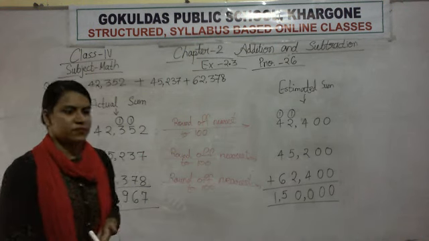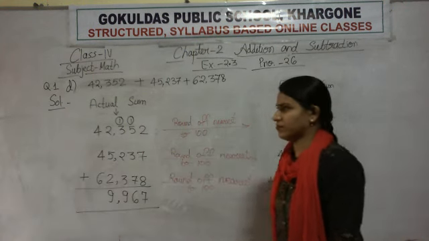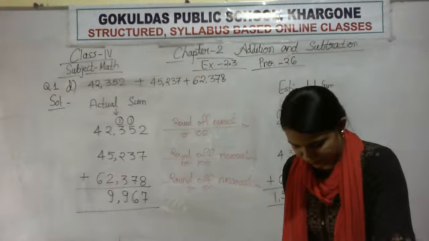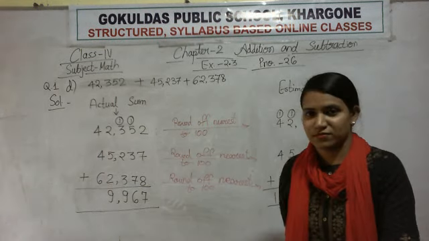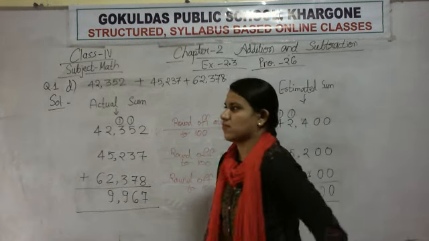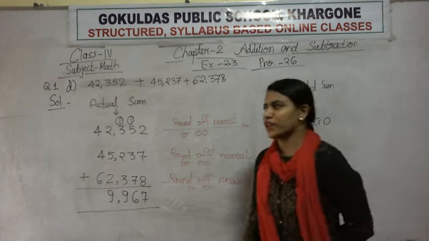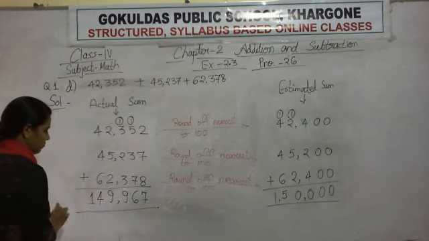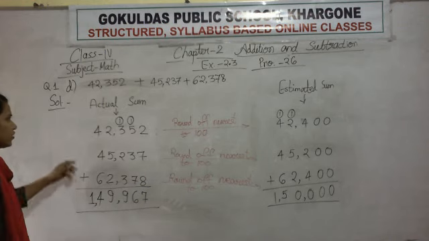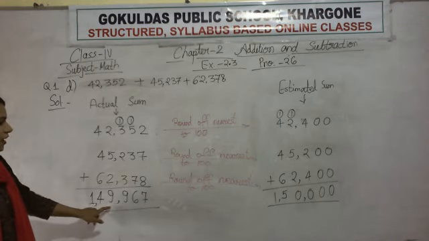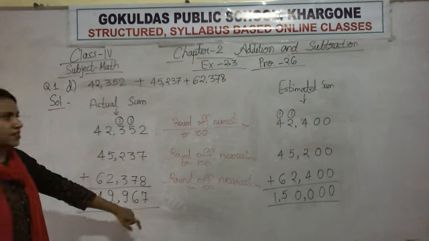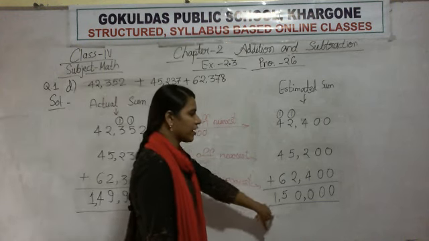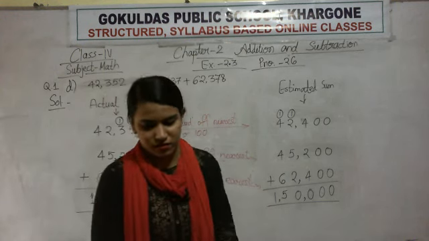And 8 plus 6 is 14. Okay, so your actual sum is 1,49,967 and your estimated sum is 1,50,000.